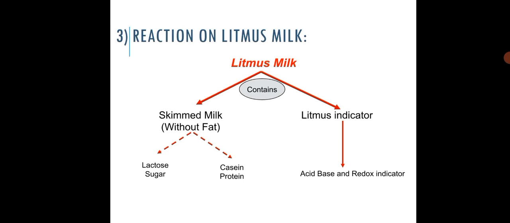Third biochemical analysis is reaction on litmus milk. Litmus milk contains skim milk, that is milk without fat, that contains lactose sugar and casein protein, and litmus indicator, which is an acid base and redox indicator.